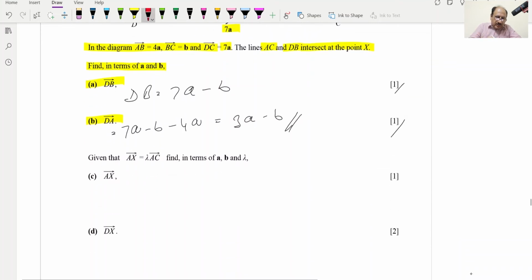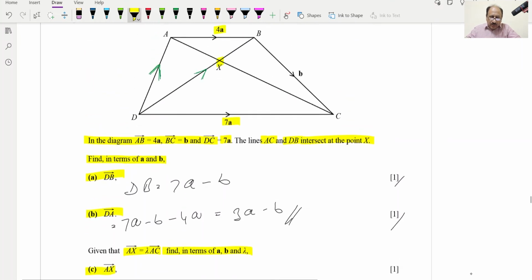So given that AX is equal to lambda AC, find in terms of a and b and lambda, AX. So AX we need to identify. AX will be this one, so we need to take lambda AC. So AC is equal to what?